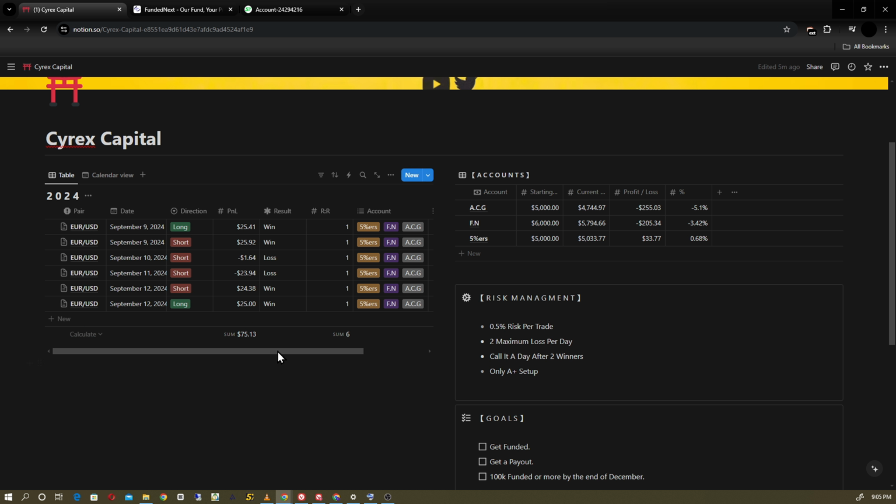So I'm still on track, but still got a long way to go because this account is up by 0.68%, and these ones have slightly improved, slowly going back up to break even. But yeah, guys, that's it for today.